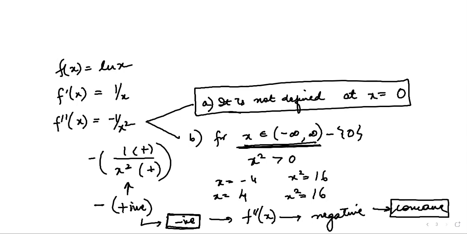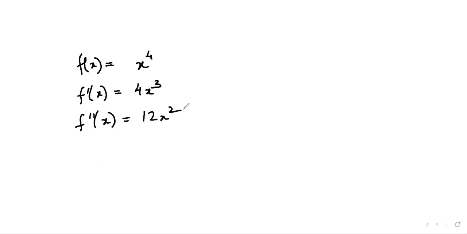Right? So let's take one last example maybe. So f of x is given as, let's say, x to the power 4. F dash x would be 4x cube. F double dash x will be 12x square.